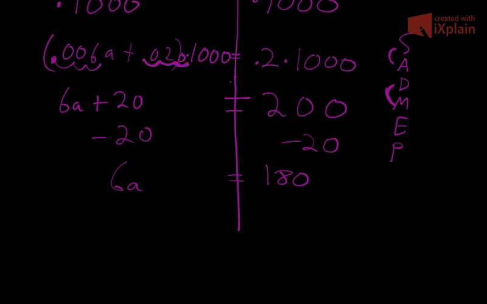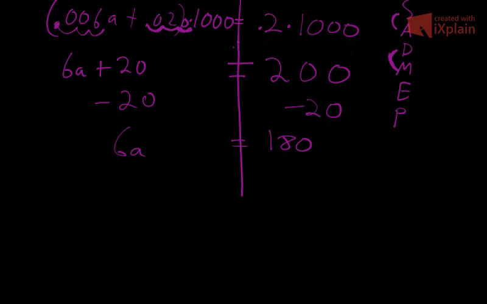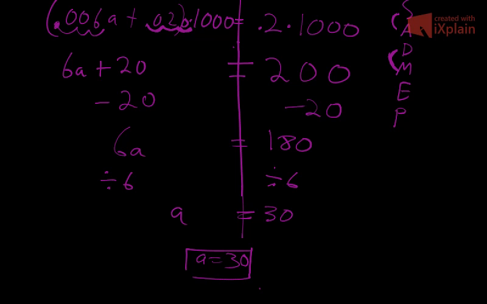So right here, 6 is being multiplied to the a, so I'm going to have to divide by 6 on both sides. 6a divided by 6 is just going to leave me with a, and that equals 180 divided by 6, which is 30. And once I get a equals 30, there we go, I am all done.